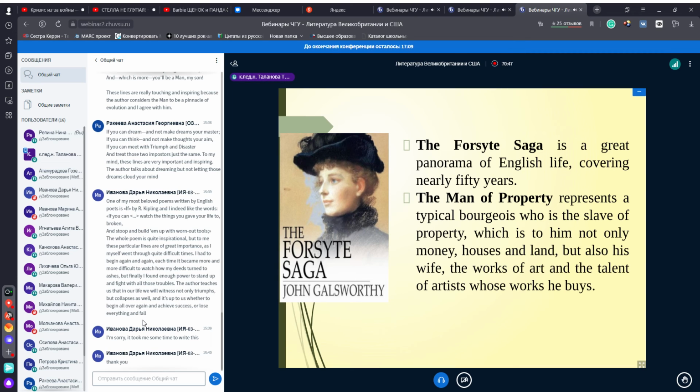So he estimates people in the same way as he estimates things. And if a person can make a great deal of money, or if he is a person of importance, then he is deeply respected by Soames Forsyte. If not, he is despised by him.